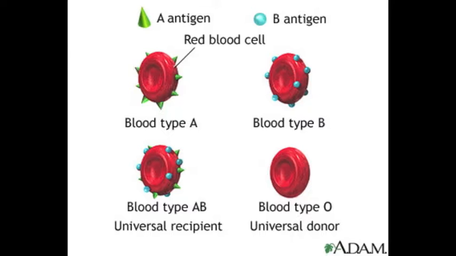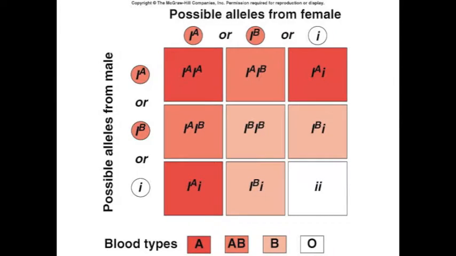However, individuals still only have two alleles for the trait because they inherited one from their mom and one from their dad. However, in the population, there are more than two possible versions that could be inherited. A common example of this is seen in human blood type. For humans, there are four different traits for blood type: A, B, AB, and O. And these four different possible traits are controlled by three different alleles: I superscript A, I superscript B, and a little i.